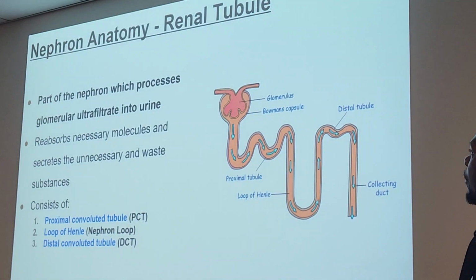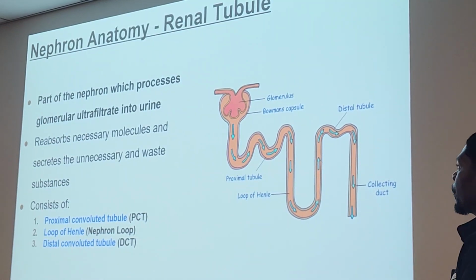This is the part of the nephron that processes the glomerular ultrafiltrate into urine. So we're taking all of that stuff that was filtered from the glomerulus, from the Bowman's capsule, into the proximal convoluted tubules. You guys need to know all of the scientific details, but do know this is where the exchange of reabsorption and absorption takes place between water, the filtrate, and the components within the urine.